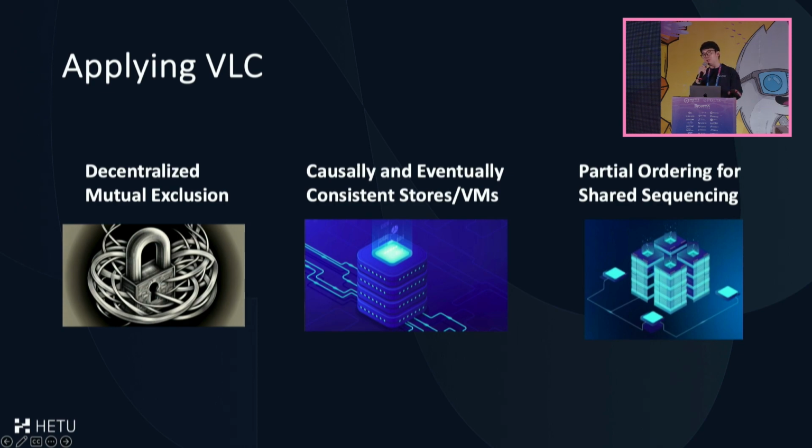Your virtual machine state doesn't need to be always synchronized across each other, but we guarantee it is either eventually synchronized, or if there's a causal dependency between different updates, we make sure that everybody observes them in a causally consistent order. And then we can use this verifiable logical clock to build a shared sequencer, for example. Here we're able to use the partial ordering property of this verifiable logical clock to easily scale a shared sequencing layer.